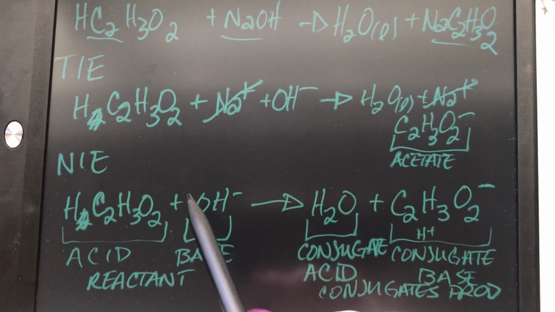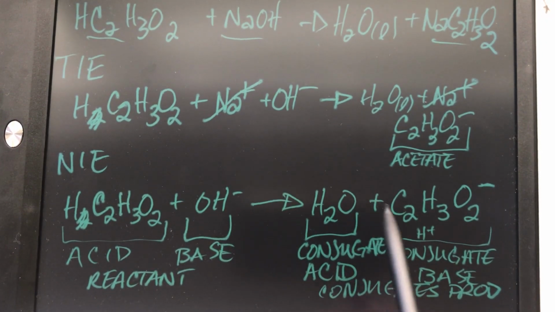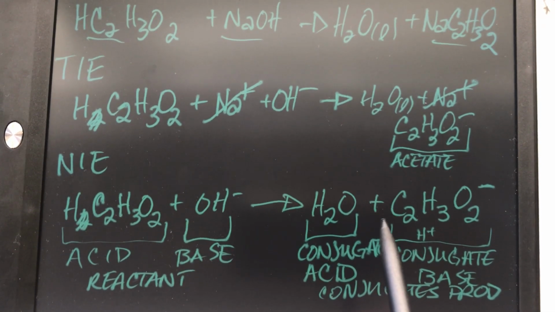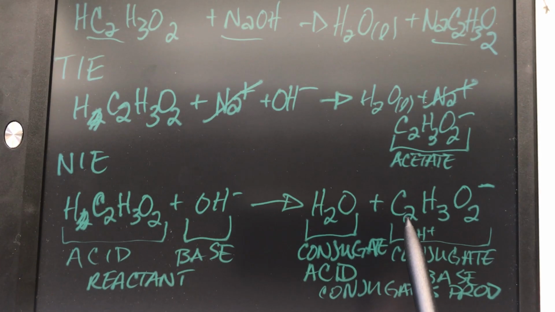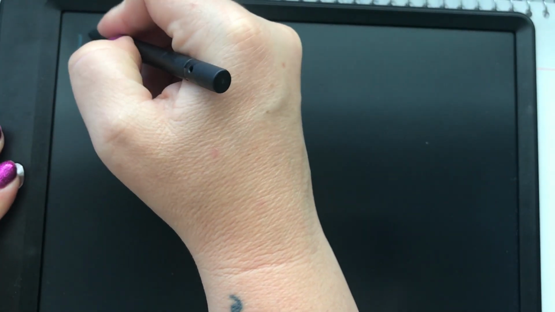That's what I'm going to show you. So it's not about what the species are per se, it's about where they are in the reaction as it's written. Does that make sense? Okay, let me show you.